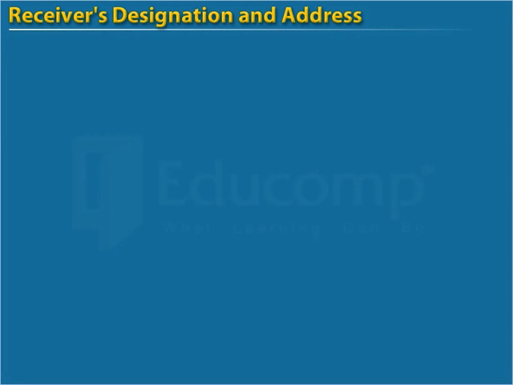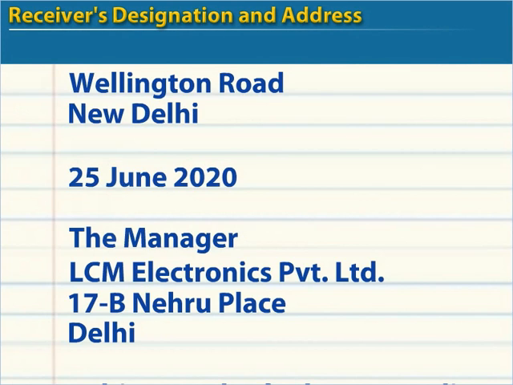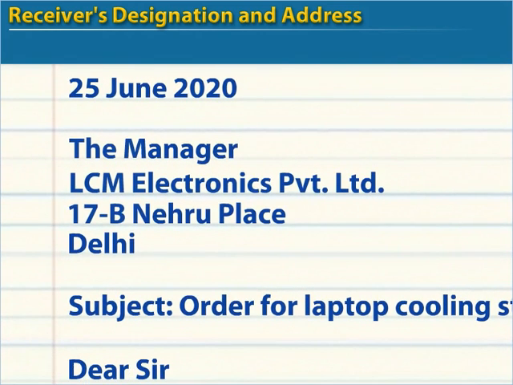Receiver's designation and address. Name and address of the organization supplying the product. Leave a line after the date and left align it as in other formal letters. Address it to the person responsible for executing the order. Start with the name and official designation.